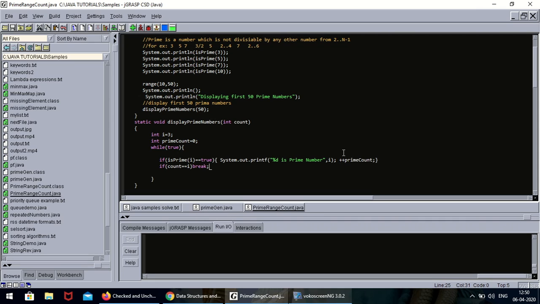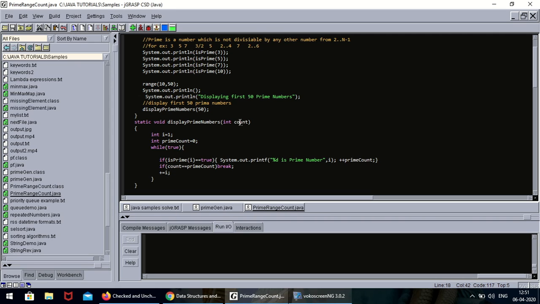If this primeCount is equal to count, in this case 50 we are asking, in that case here we need to pass the values from 1 to, we don't know, just keep on incrementing.